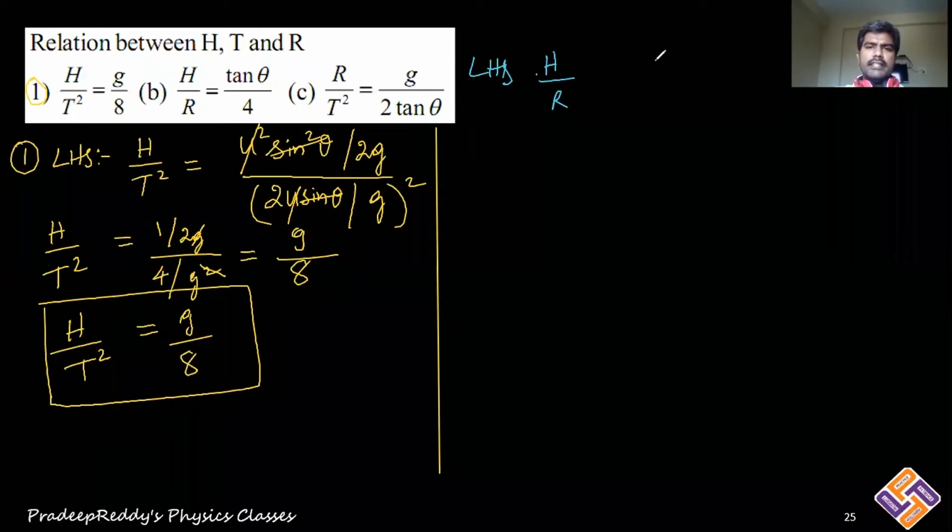Now what is h? h is maximum height, u square sine square theta divided by 2g, divided by r. What is r? r is equal to u square sine 2 theta divided by g. u square gets cancelled. This g and g get cancelled.